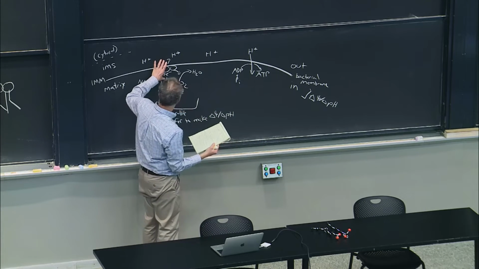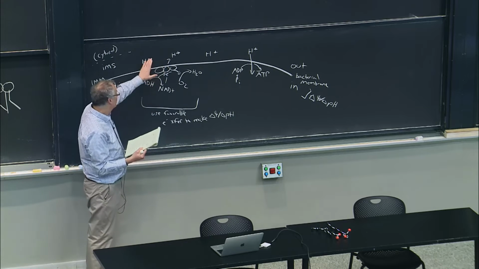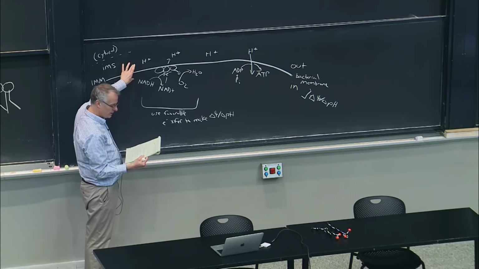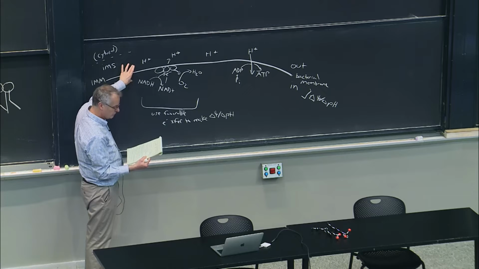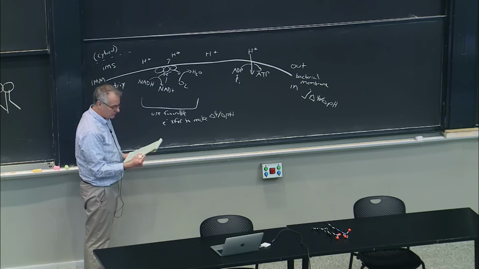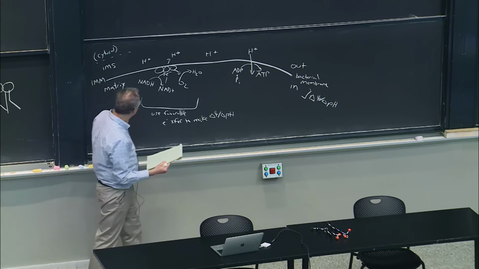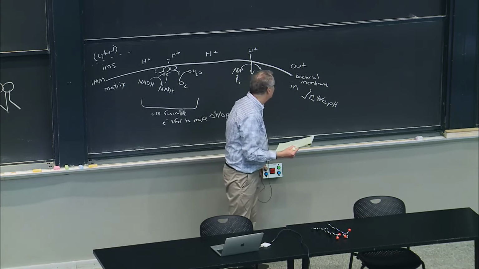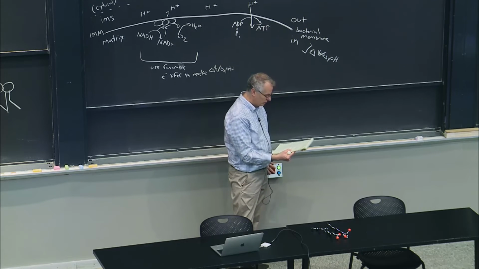Obviously, if we're going to pump protons against a gradient, such that we have different concentrations of protons on either side of the membrane, that's going to require energy input, and that energy is going to come from favorable electron transfer.